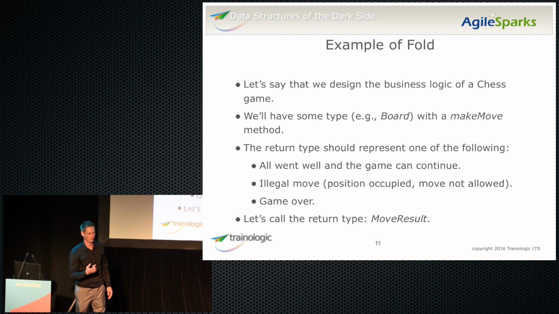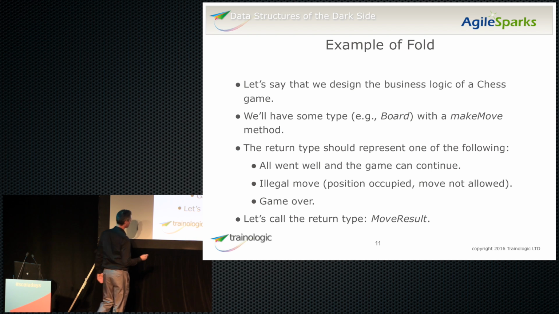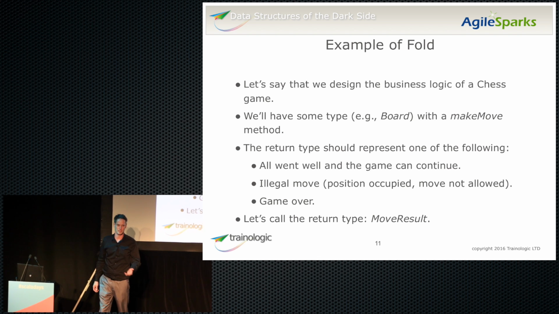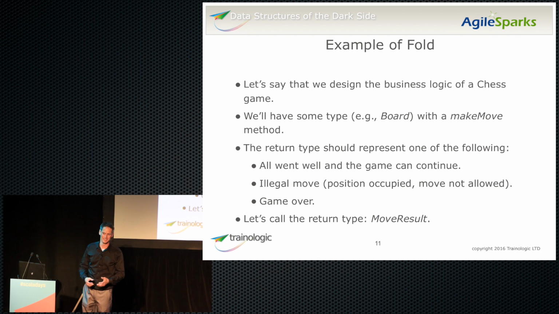But I have another option. What happens if the move results in a game over? So just return the board with the game over? No, because if I return a regular board, I can still try and make another move. No, when the game is over, I want to ensure that the user will not be able to make a move even at compilation time.